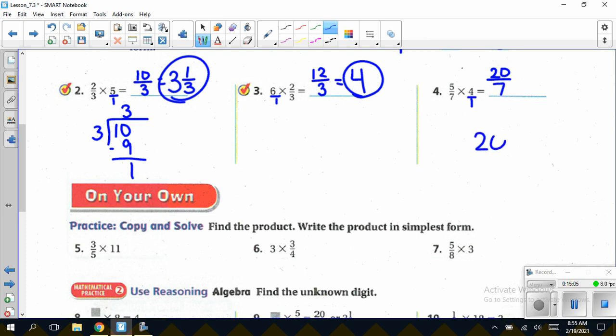When I T-bow, 20 divided by 7, 7 goes into 20 2 times, which is 14. 20 minus 14 does give me 6. So my final answer is 2 6/7.